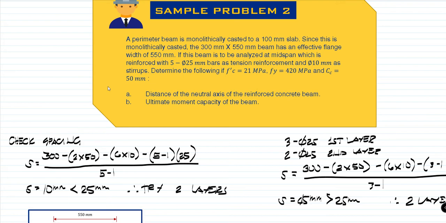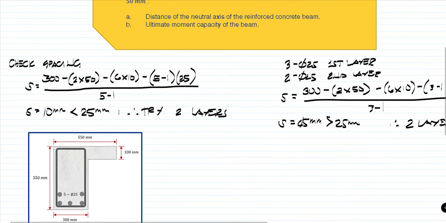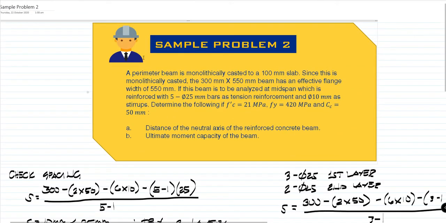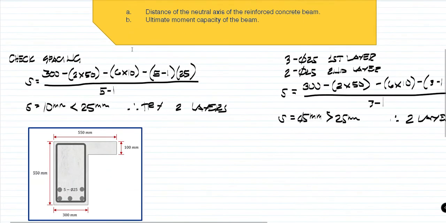So since sabi nga natin, ang resulting beam will be an inverted L shape. So ito yung 550. Then yung thickness nung slab natin or yung thickness ng flange natin is 100 mm kasi yung given. So that will be 100 mm.